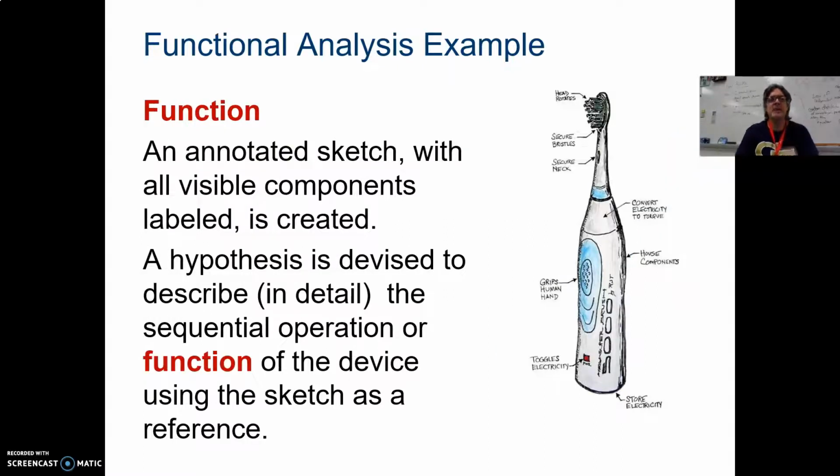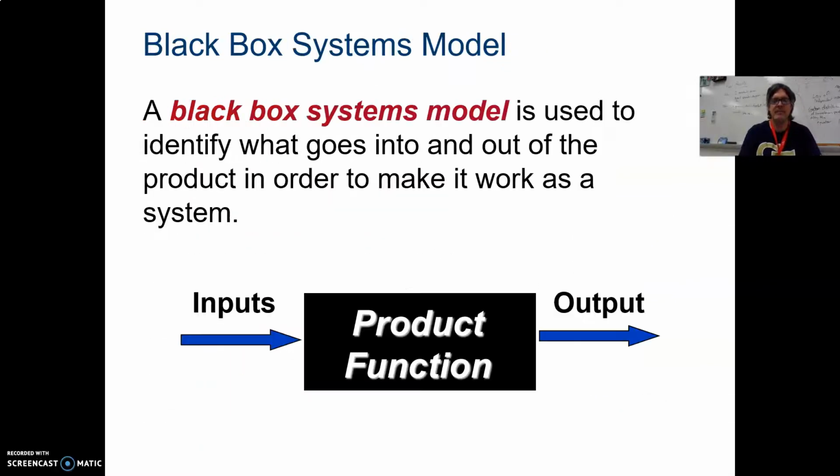An annotated sketch with the visible components is labeled, and a hypothesis is devised to describe in detail the sequential operation of function of the device using the sketch as a reference. So we sketch it out, and then we use that sketch to create a series of this happens, and this happens, and this happens, almost like a timeline. They use the term sequential operation.